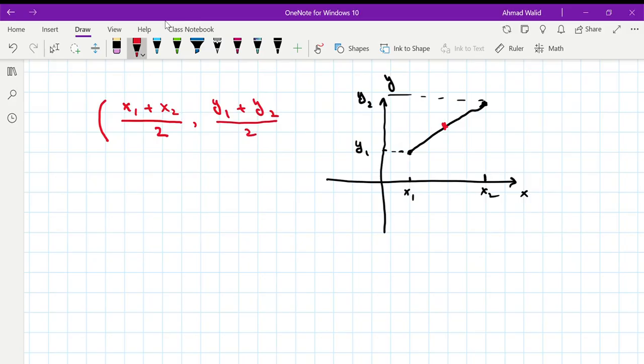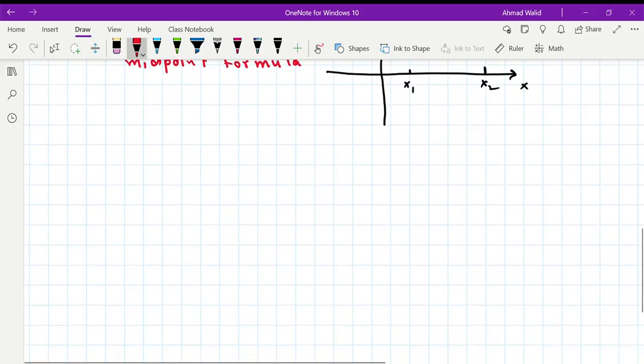Over 2. We call this the midpoint formula. Correct? Now, if someone gives me the coordinates of 2 points and asks me to find the midpoint, it's easy to find the midpoint, correct? Let's do an example.